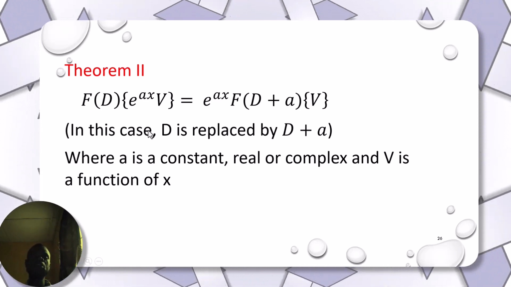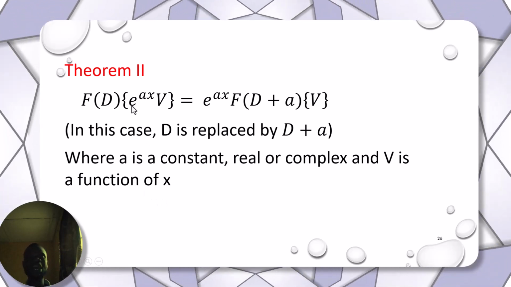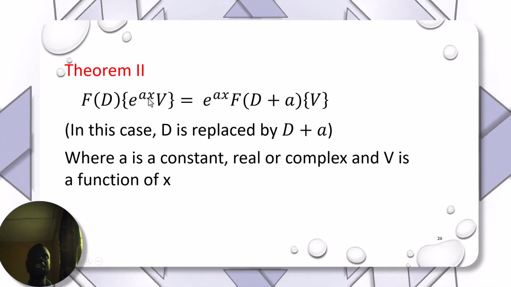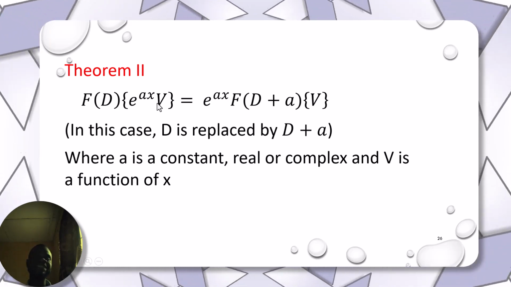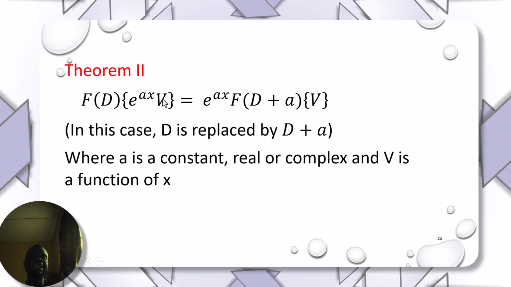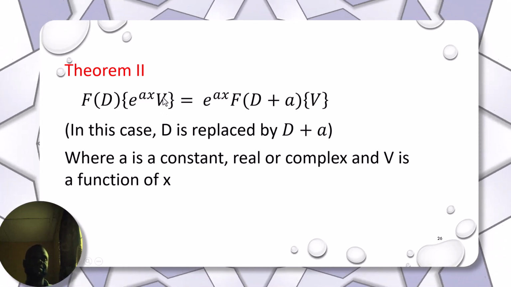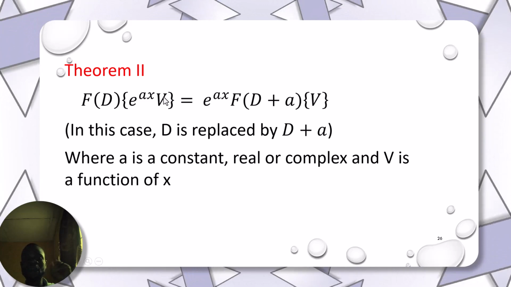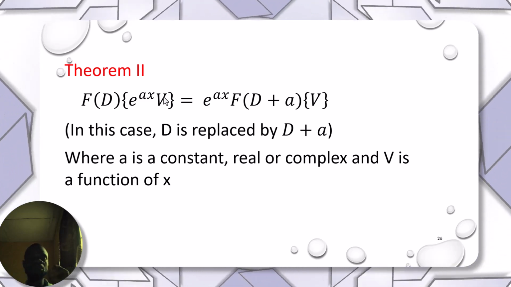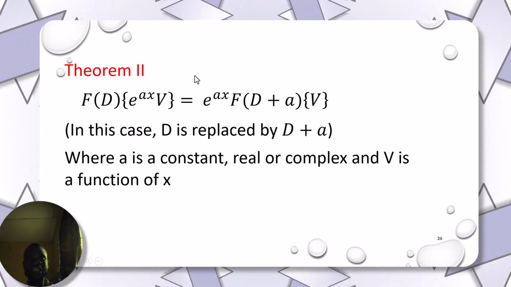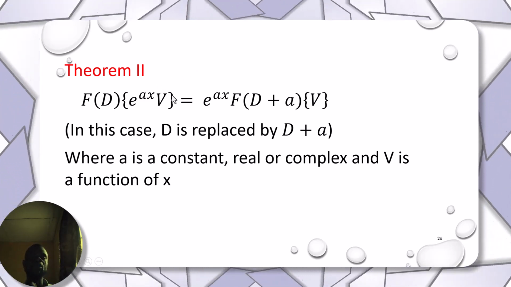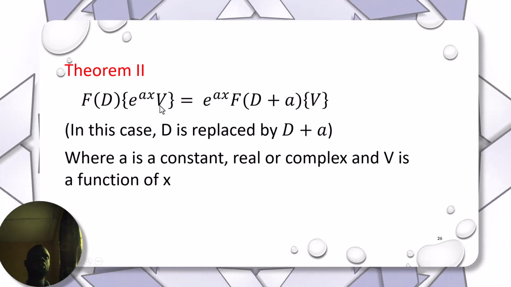Theorem number 2 is that we have an exponential function, then we have another function of x, right? Just like that other product function that we saw when we had x squared and then an exponential. This one is just like that, because your v is a function of x.